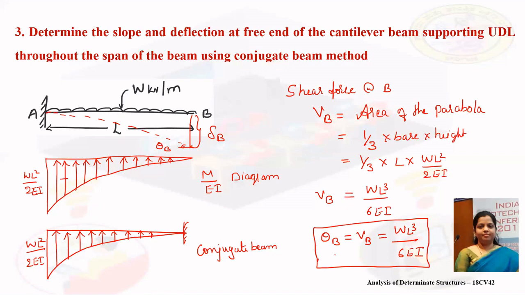Now let us compute the deflection. As per conjugate beam theorems, maximum deflection will be equal to maximum bending moment. We know the value here.